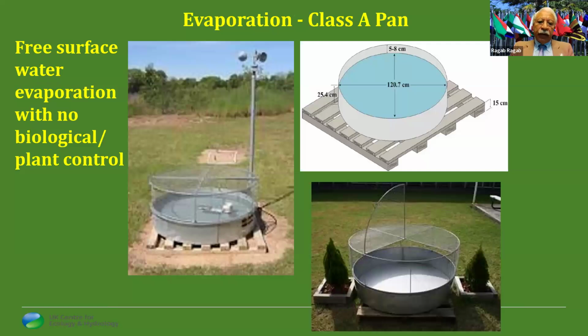How did we start? We started in the early days with evaporation from the Class A pan, which is a free water surface, and the evaporation has no control by the plant. It means no biological control whatsoever. That technology was followed by the Class A pan factor in order to reduce the amount of evaporation to bring it to the level of the crop or biologically controlled evaporation.